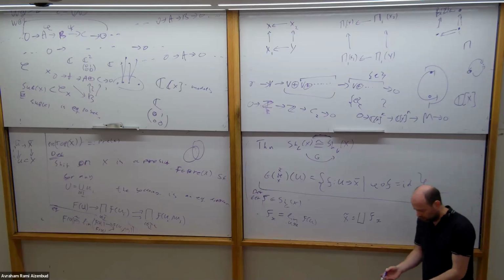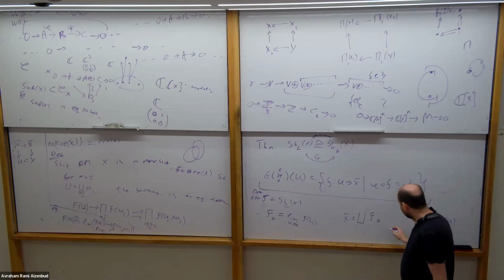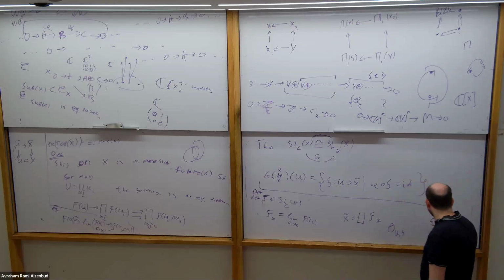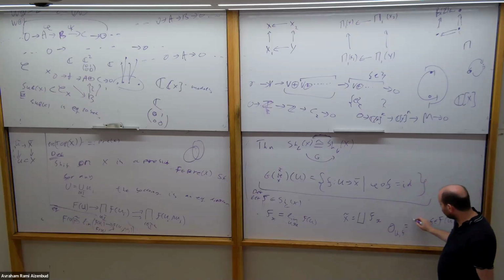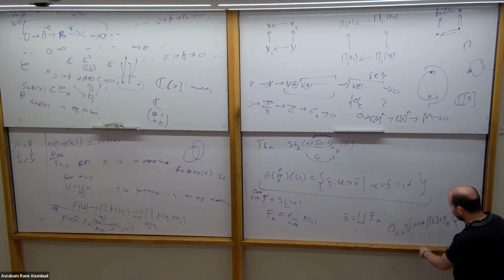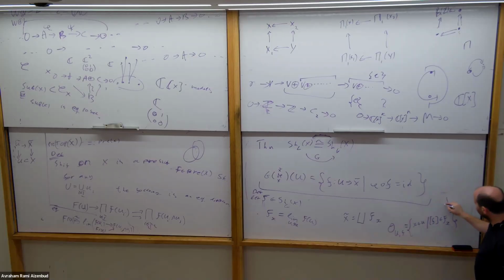So let me define open sets. Let me define O(U, F). If F is an element here and U is an open set, then define O(U, F) to be the following collection: the points X in U and the class of F in the stalk. F is a section over U, F is an element of F(U).